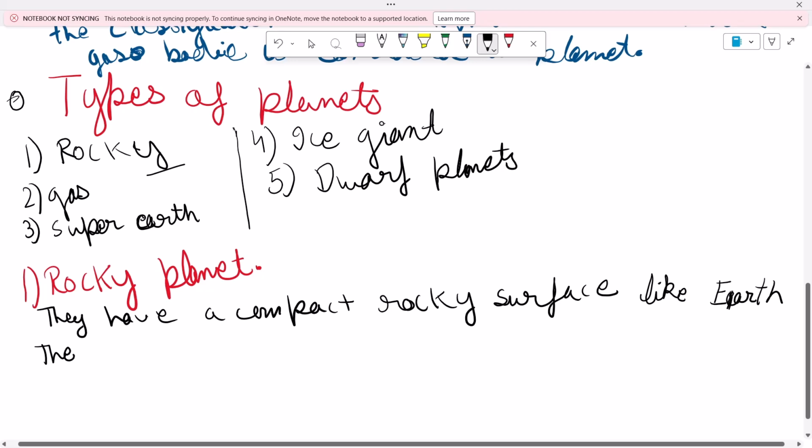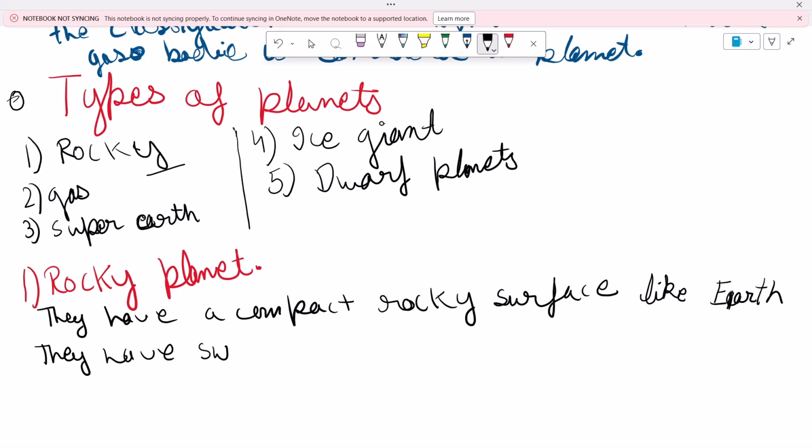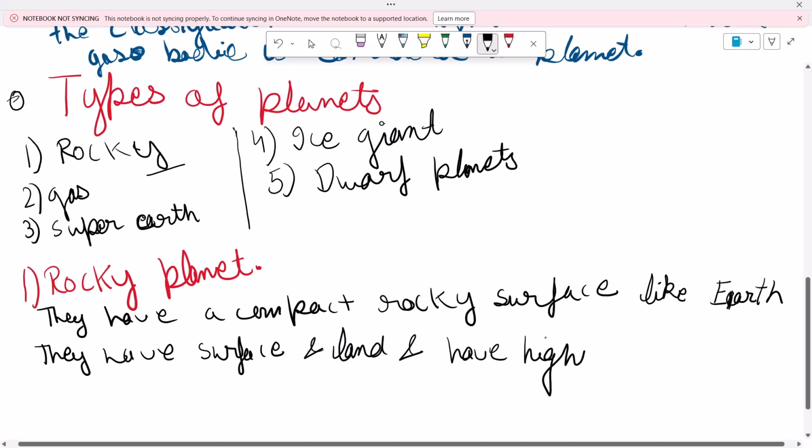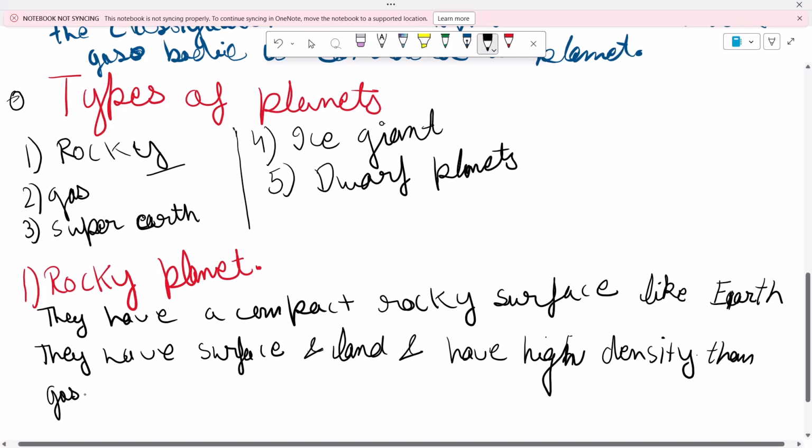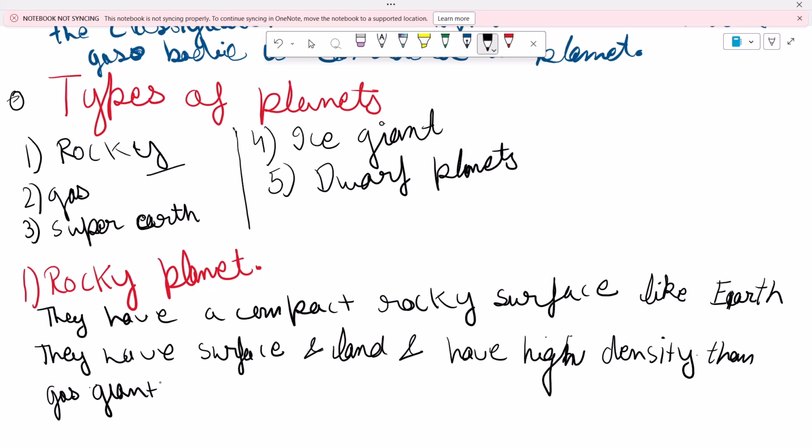They have surface and land, and have higher density than gaseous planets like gas giants.